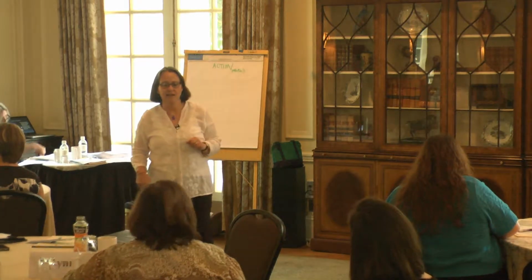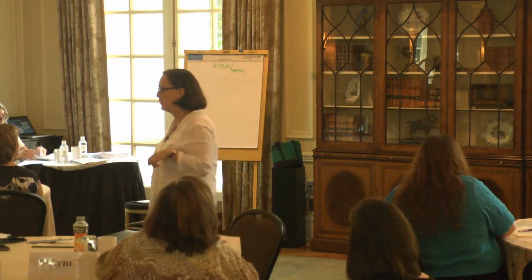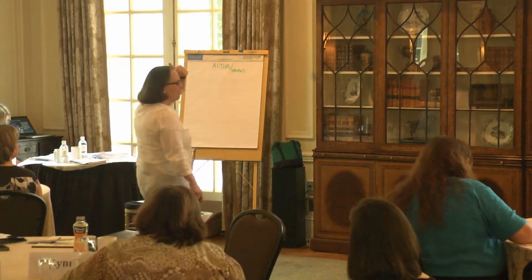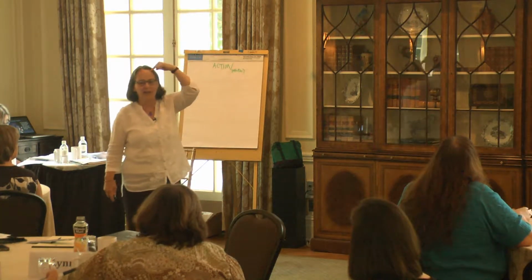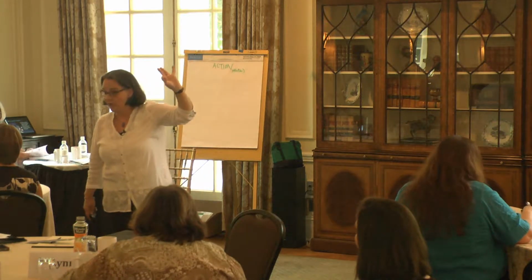So what is executive function? Here's a nice little whopper of a definition for you. It's the brain's ability, it's all in the brain, and there are keywords here which you can circle on your slide.